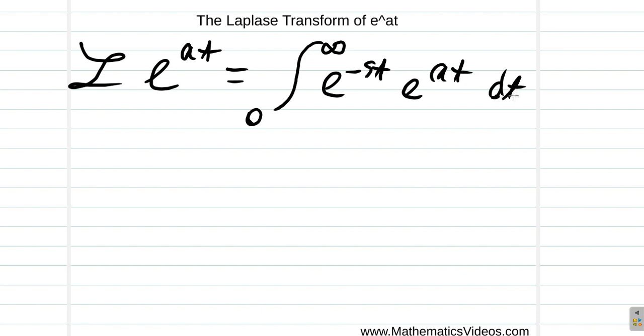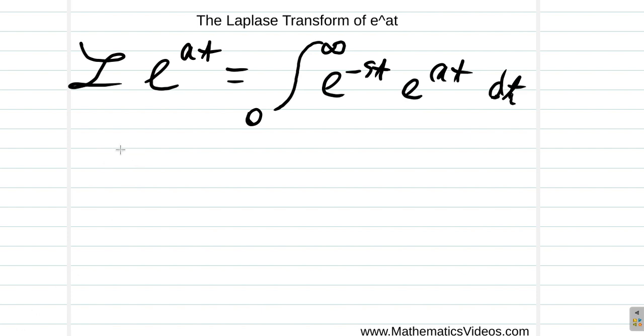We're integrating with respect to t. s is a constant. Now, let's look at this. We have two functions in t, e to the negative st and e to the at. So we're going to use integration by parts.